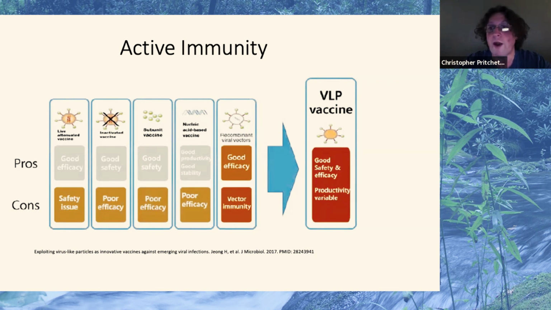The nice thing about the viral-like particles, the recombinant viral vectors, and the nucleic acid and subunit vaccines is that these usually don't replicate in the human, and so they usually have pretty good safety. The biggest problem with these vaccines is the public perception.